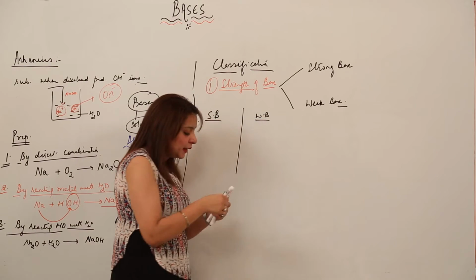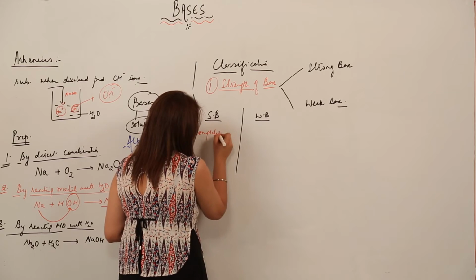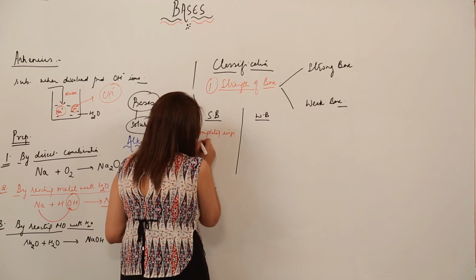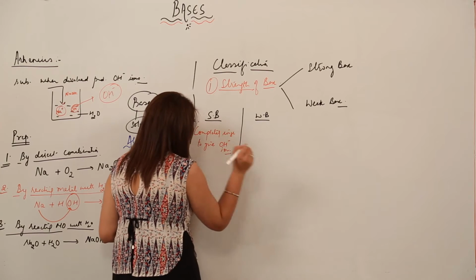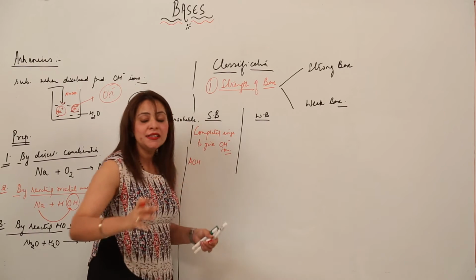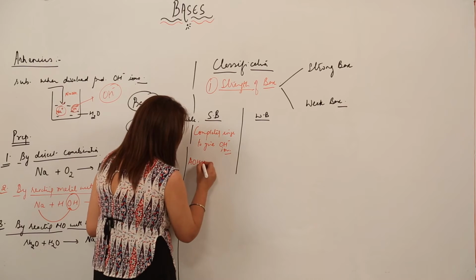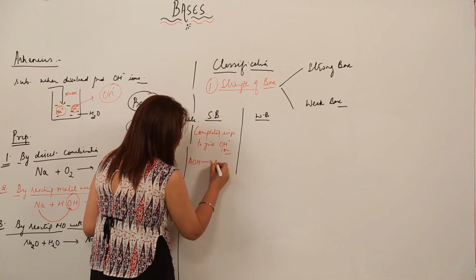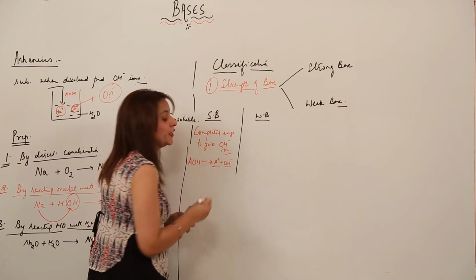So, suppose I am differentiating the strong base from the weak base. A strong base is something which completely dissociates, or ionizes, to give all its hydroxide ions. For example, if I have this hydroxide AOH and if I say it acts as a strong base, how can I show it? When it is dissolved, it will be fully dissociated, producing A positive and OH negative ions.